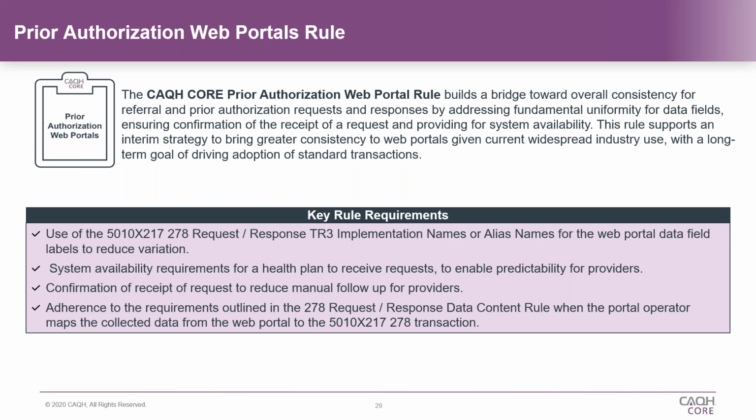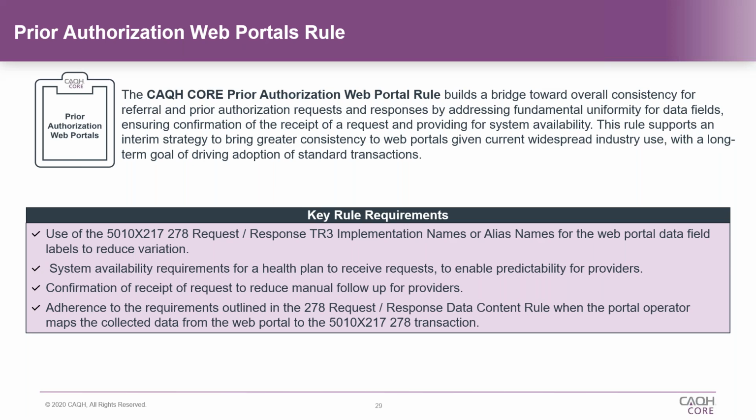We also have some requirements around the web portal. Again, as we mentioned, the industry does rely quite heavily on web portals for the PA process. So we do have operating rules related to this as a way to bridge the gap and move forward to a fully automated EDI solution. Again, some of the requirements related to the use of the 278 request response TR3 implementation names.